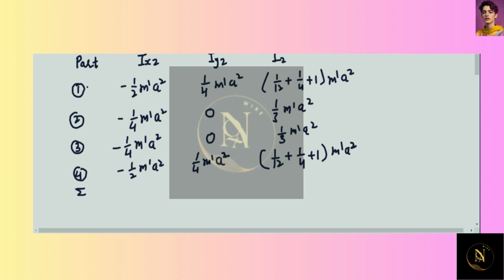So for the whole assembly we have to sum up. Adding all 4, you will get minus 3 by 2 m dash a square, along yz half m dash a square, and this would be 10 by 3 m dash a square.